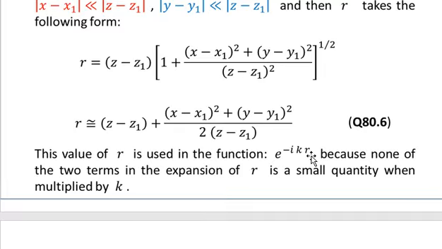So if you multiply k with r, the third term is neglected, because the contribution of this term e to the power iota kr will be a small fraction of a radian. So due to this, we have ignored the contribution of the third term, that is, R will be expanded only to the first two terms, because the third term's contribution due to this factor will be a small fraction of a radian. So that's why the third term and higher terms have been neglected.